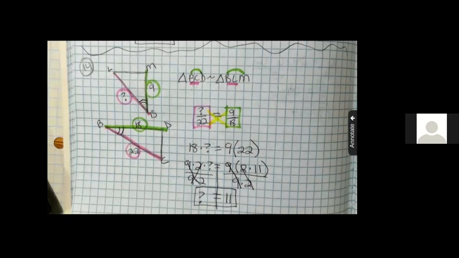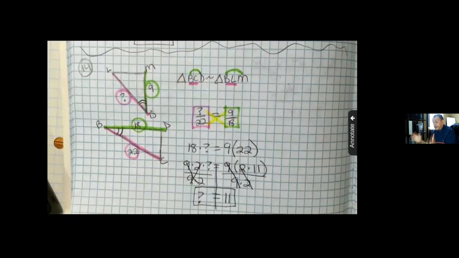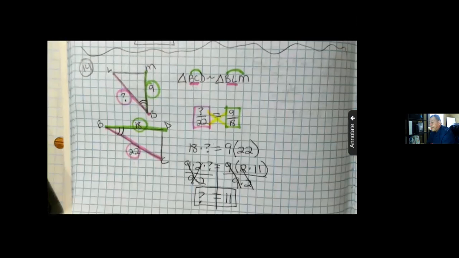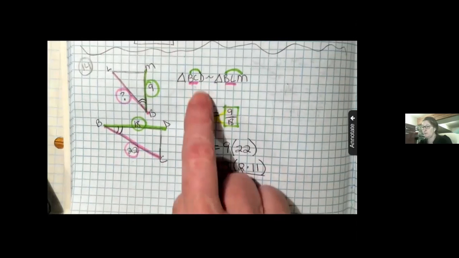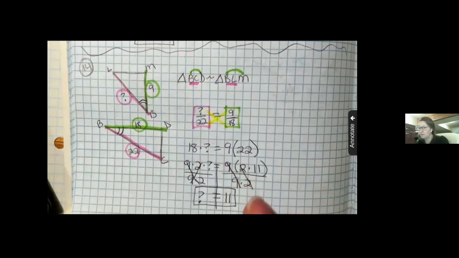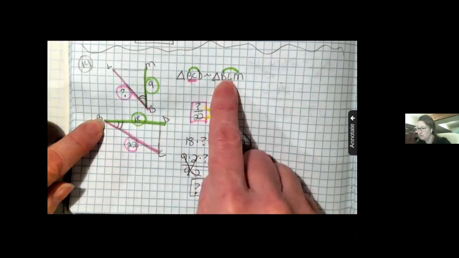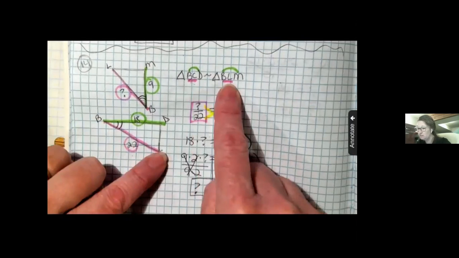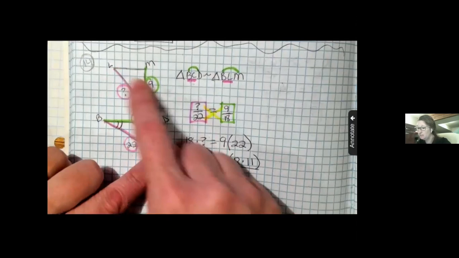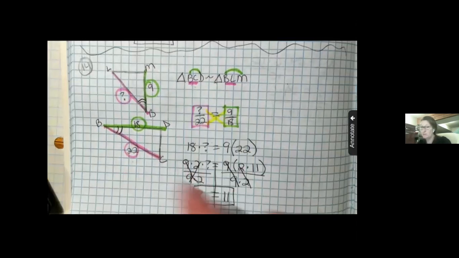Yeah, the similarity statement gives you a lot of information. You just have to know how to read it. This is key. They'll always put it in the same order. So B is to B, as C is to L, as D is to M. So when you're looking for similar sides, they always put them in order.